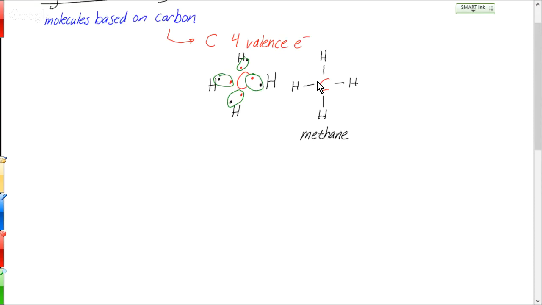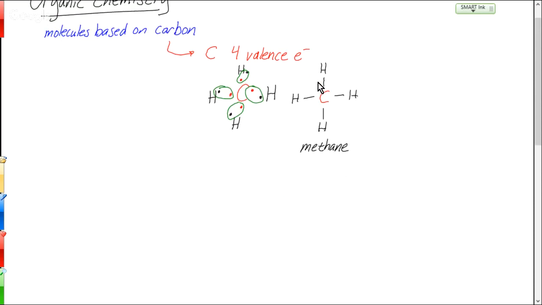The way we do that is using a three-dimensional notation to show that that's the actual structure. So that actual structure is called a tetrahedral structure, or a tetrahedral geometry.